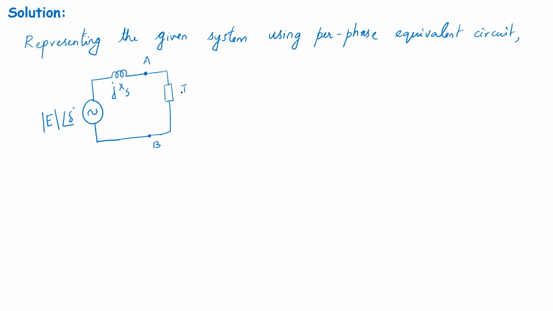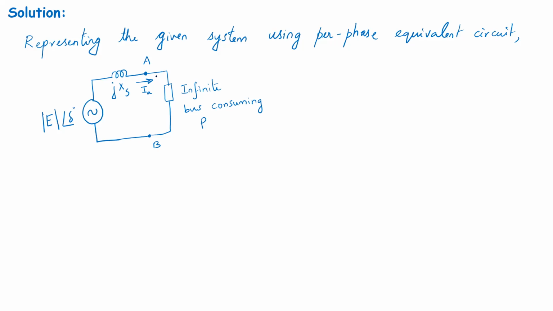This is an infinite bus consuming real power P. The direction of current flow is into the infinite bus. I'm going to call this current IA, which is also the load current.